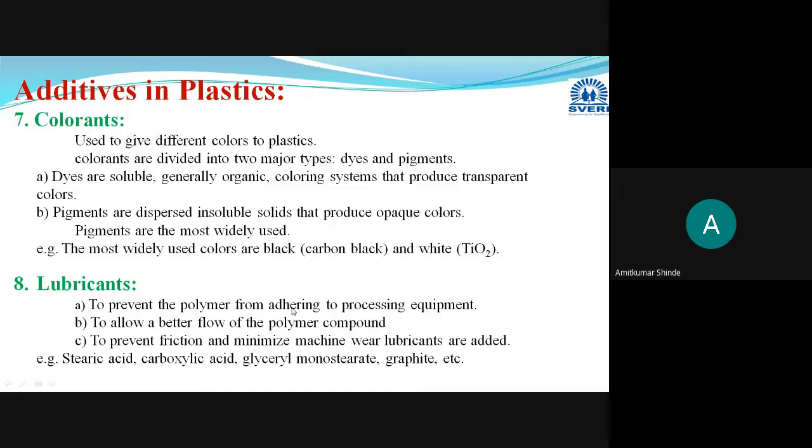Adhering means attaching; sometimes the polymer material may get stuck to the processing equipment, and this is avoided by the addition of additives termed lubricants. Second, addition of lubricants improves the flow characteristics, or increases the flowability. And the last function is that it prevents friction and minimizes the wear and tear occurring in the machine.